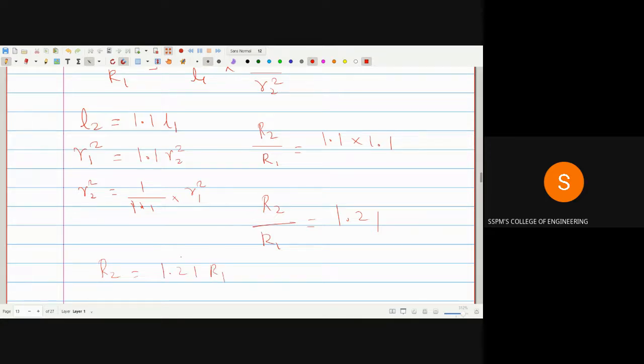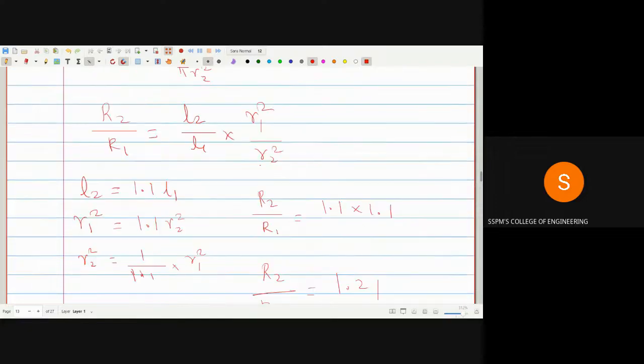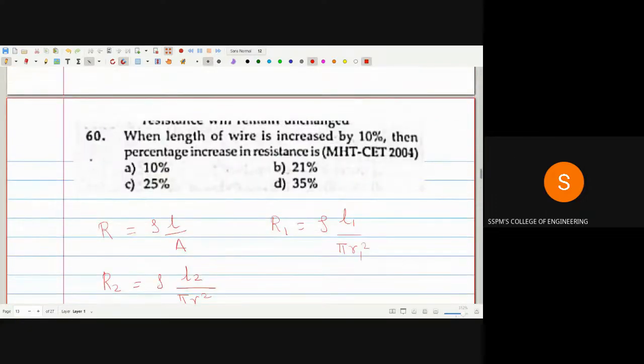It has increased by 21%. If R1 is 1 ohm, then R2 is 1.21 ohm. It is increased by 21%. The correct option is 21%, option B. Isn't it?